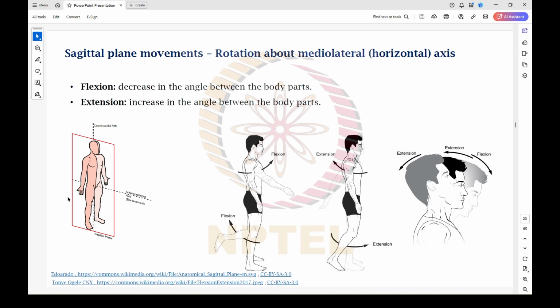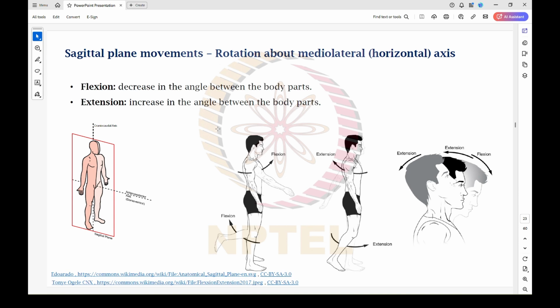So whatever rotations happen will happen about the mediolateral axis. If there is an axis drawn like this, then the rotations happen about that axis. There are two major movements that occur about the mediolateral axis: flexion and extension.